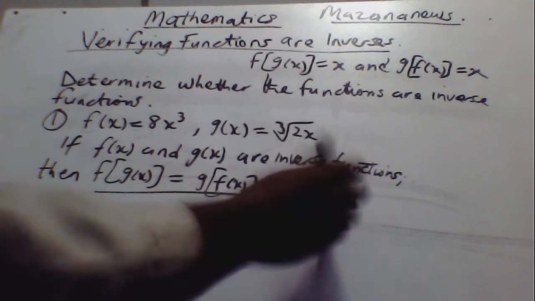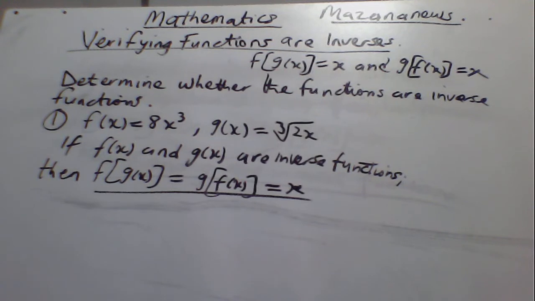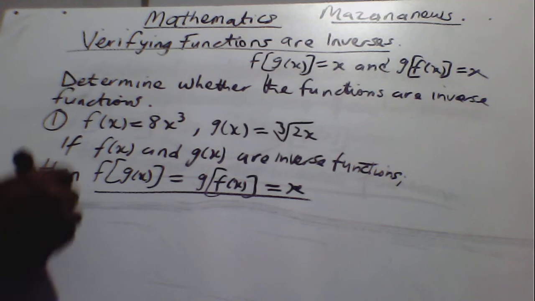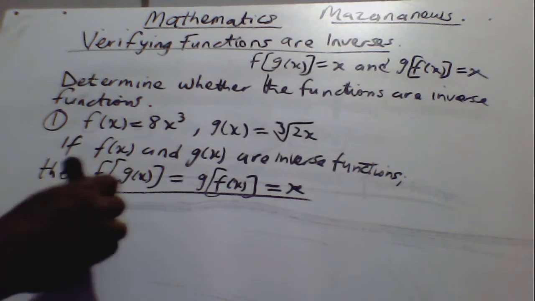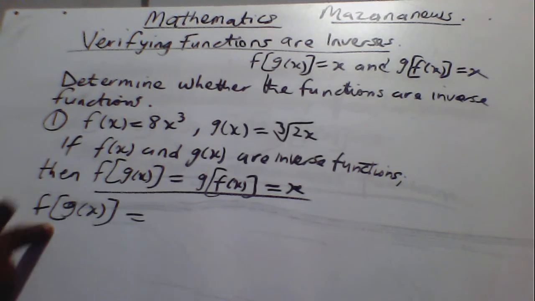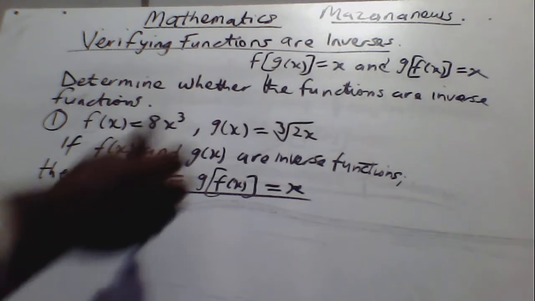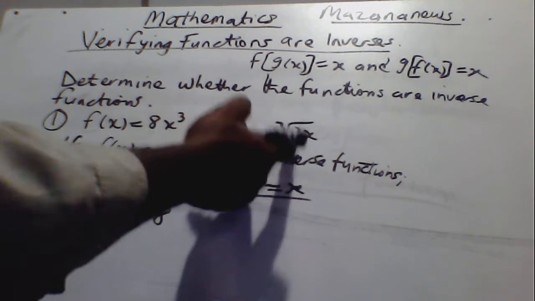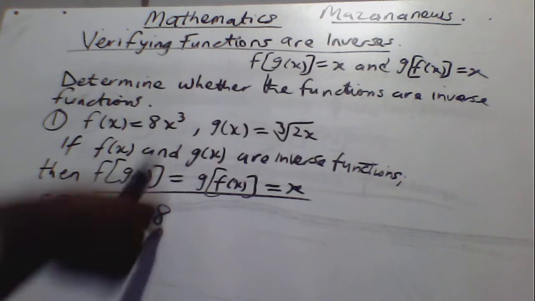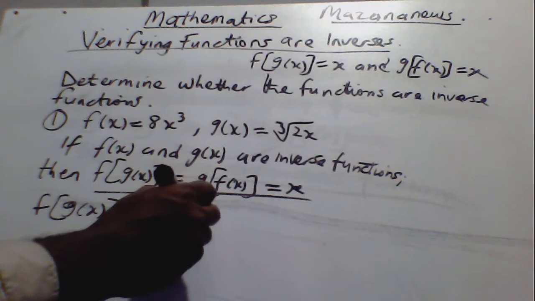This is the condition if they are inverse functions. So let's test it. f of g of x. In this case we put this here. This gives us 8. Wherever you see x here, we put all this value. So this gives us what?